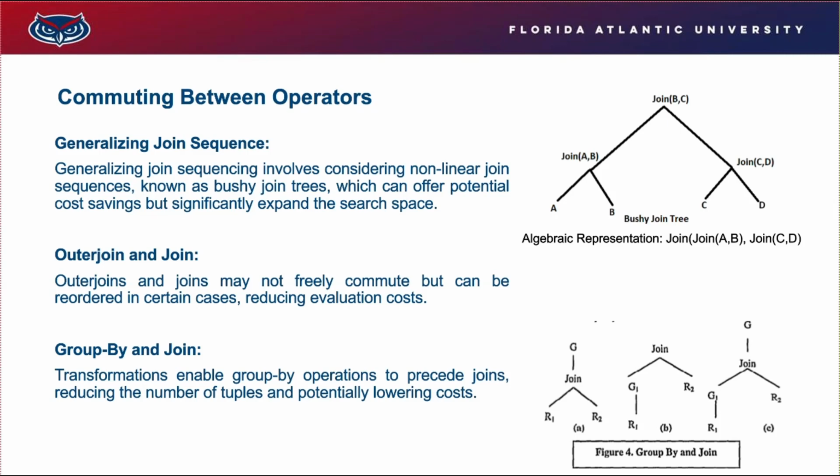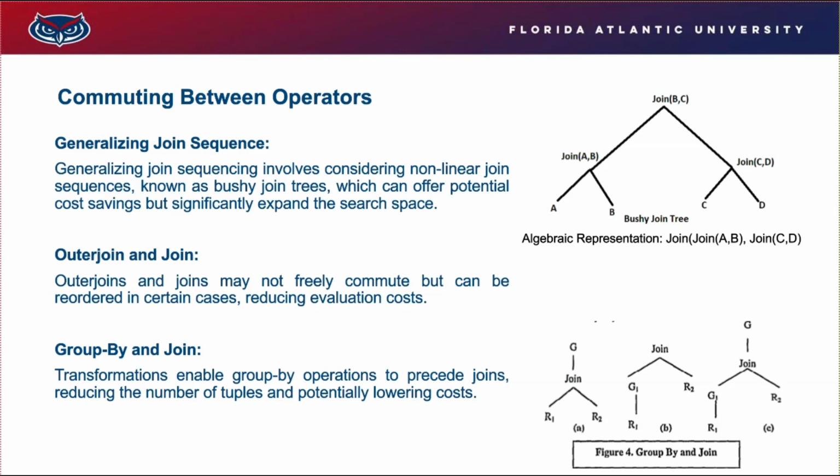Generalizing join sequence involves considering nonlinear join sequences known as bushy join trees, which is shown on the right side of the presentation, and the algebraic expression for this bushy tree is shown below, which can offer potential cost savings but significantly expand the search space.